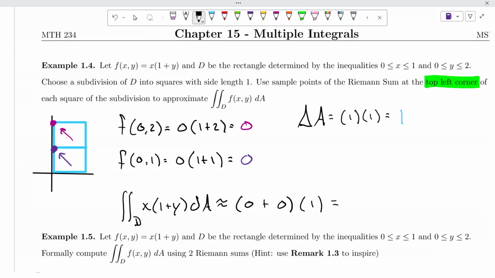It's going to still result in the same answer, though. I get 0 no matter which way I slice it. So, kind of a boring Riemann sum, but that's okay because it's nice to have one or two easy examples.